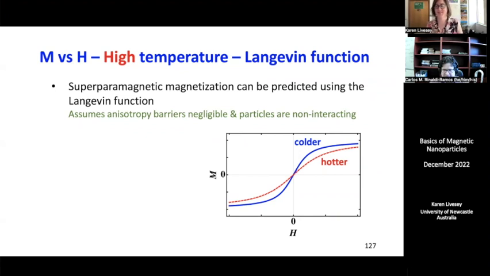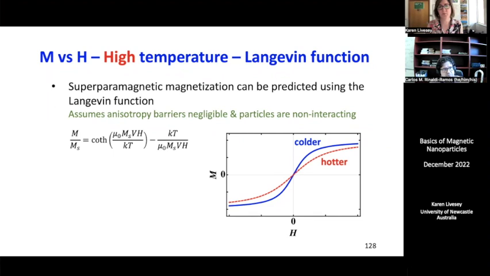You can give it to third or fourth year physics students to derive, but I'm just going to give you the result. So here's our result. This is magnetization, normalized by the saturation value, and it depends on the applied field as we expect, and it depends on the temperature of the sample.